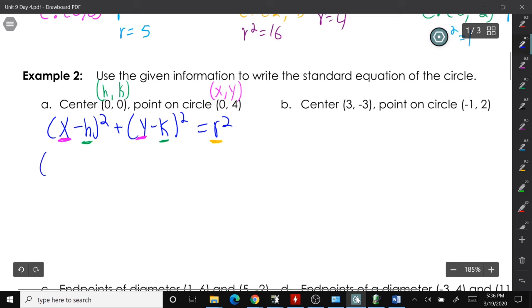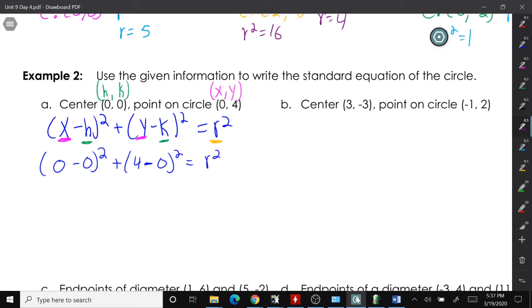So it's going to be, instead of x, I'm going to write in 0 minus h, which is 0 squared, plus y is 4, minus k, which is 0, squared, equals r squared. So 0 minus 0 is 0, and then 4 minus 0 is 4, so 4 squared equals r squared.